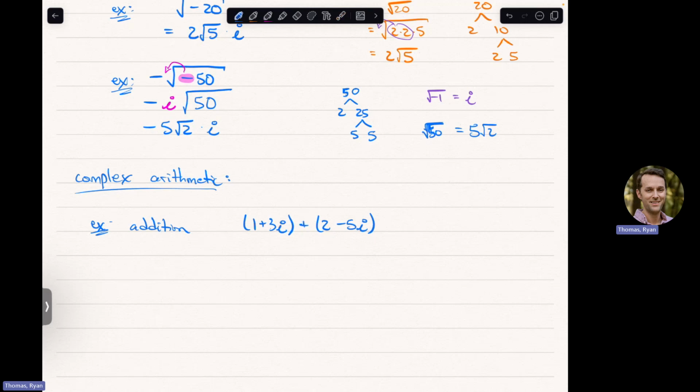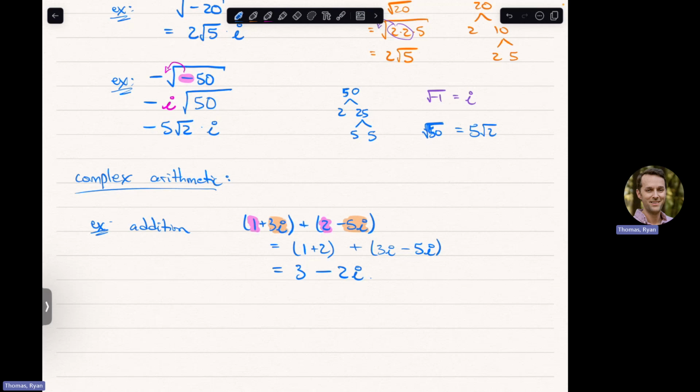To add them together, all we do is add the like terms. So those are the real parts. These are the imaginary parts. So this turns into 1 plus 2, I'm just using the parentheses for grouping for emphasis, 1 plus 2 and 3i minus 5i. Right, so I'm really just combining like terms. 1 plus 2 is 3. 3i minus 5i would be negative 2i.